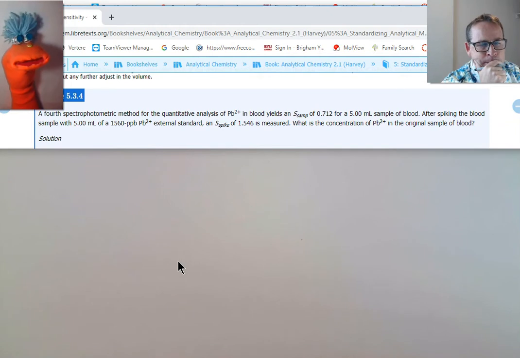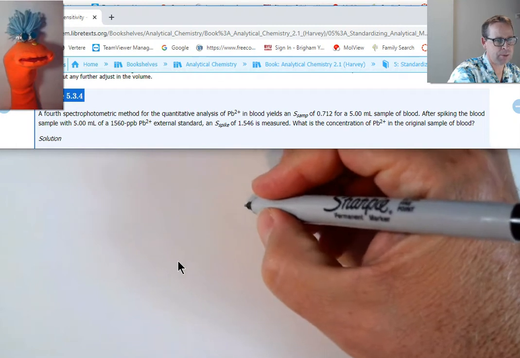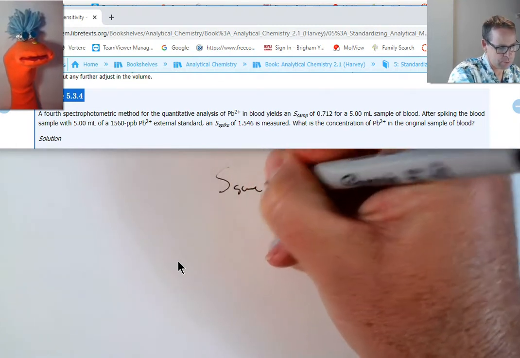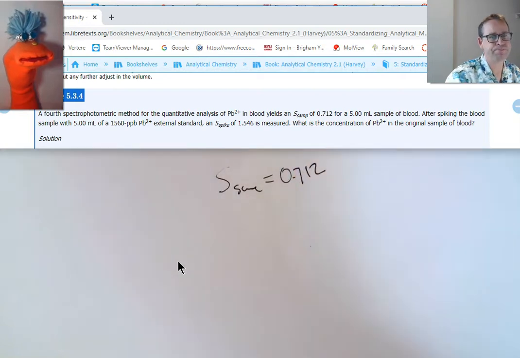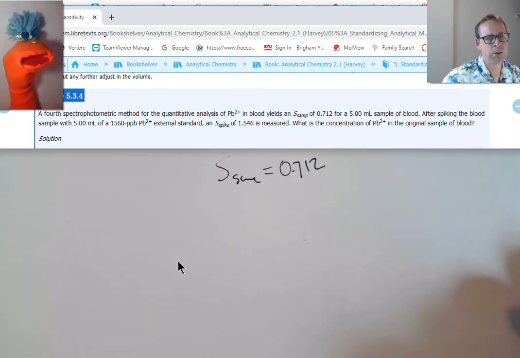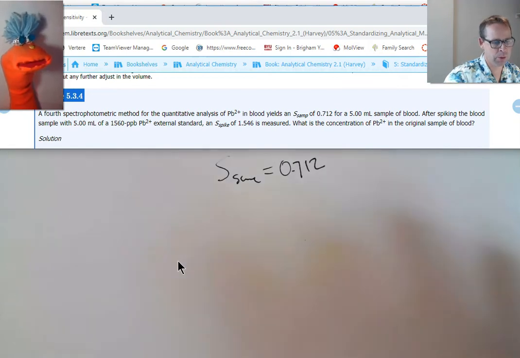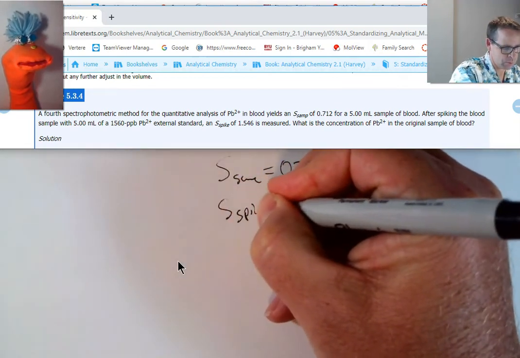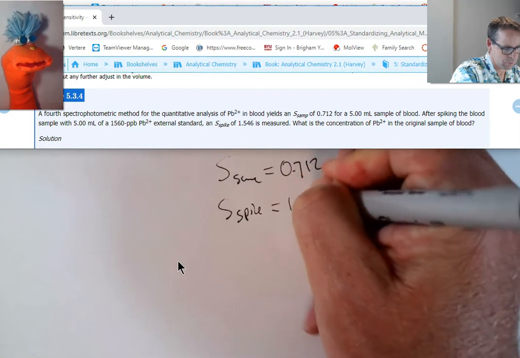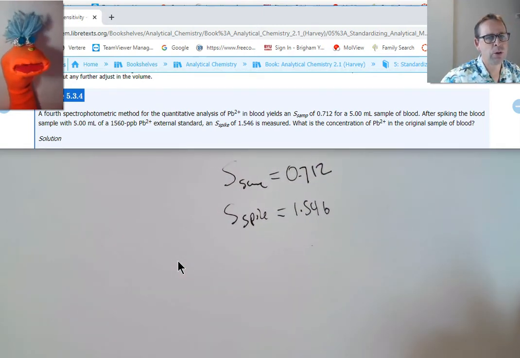We know that the signal sample was 0.712, and then you got a signal spike of 1.546. And you know the volume of the sample was 5 mils. The volume of the second sample was 5 mils plus the 5 microliters. And so we were trying to solve the concentration of the standard.